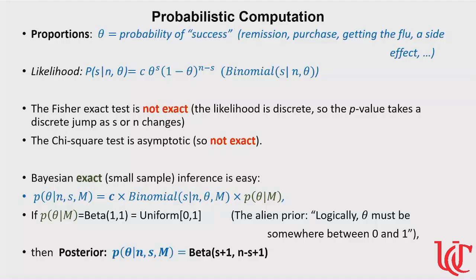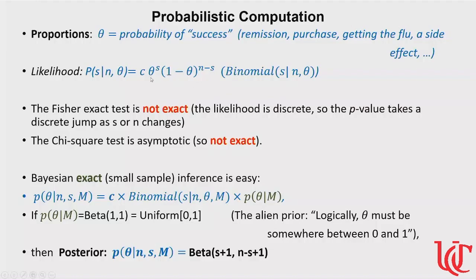If it's 2 or less, the patient's in remission in terms of anxiety or depression. Purchasing: does the customer purchase the product or not? Did you get some disorder or disease? Did you catch the flu? Did you get a side effect? What's the probability of getting a side effect for taking some treatment? Right? This shows up all the time. There's lots of examples. Success can actually be the failure, right? It could be death, right?